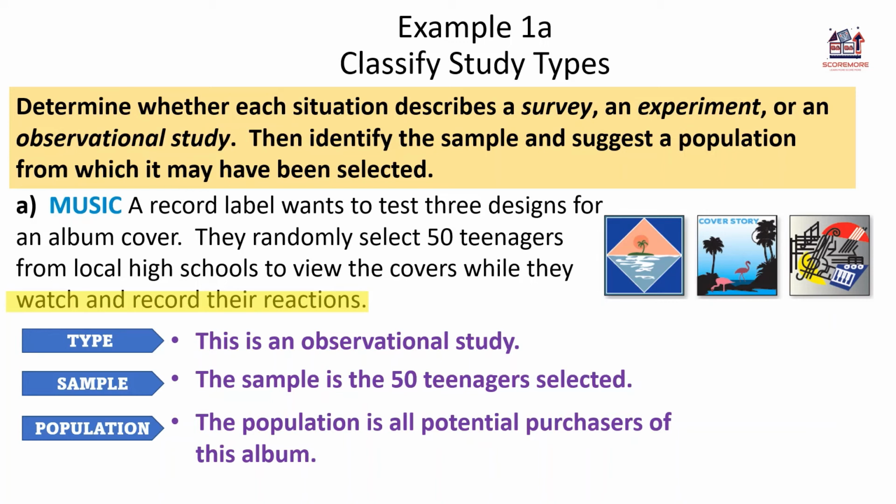Read the question carefully. This is an observation because we are watching the reactions. Sample is the 50 teenagers and population is all potential purchases.